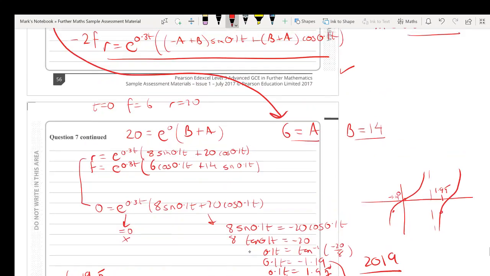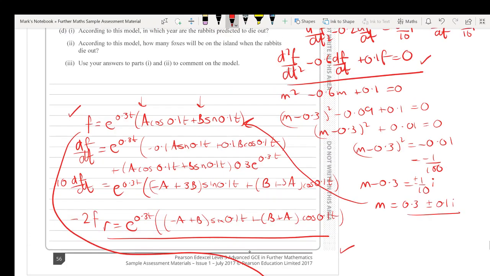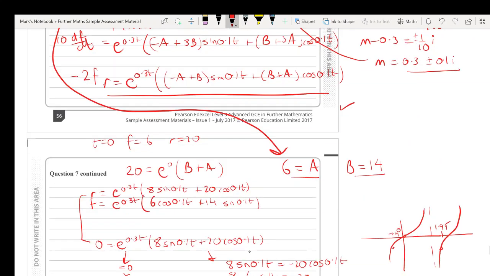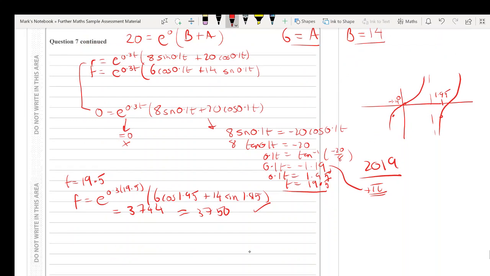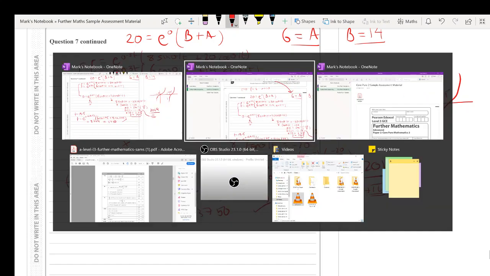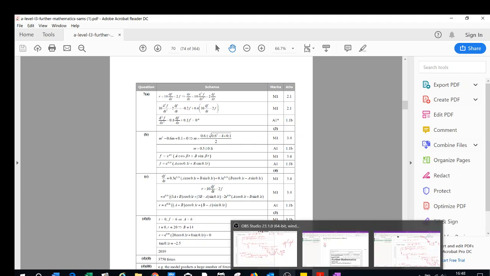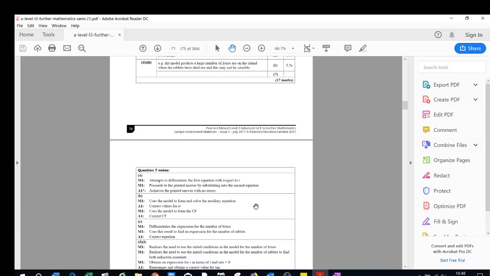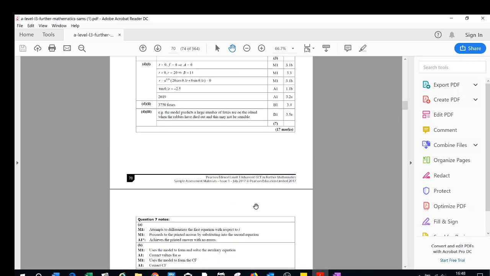And finally, it was comment on the model, I think. Answers part 1 and part 2, comment on the model. So it's suggesting that there'll be 3,750 foxes when there are no more rabbits. Which is a large amount of foxes to sustain almost no rabbits at all. Let's just see what they've written in their conclusion. So, model predicts a large number of foxes on the island when the rabbits have died out, so it may not be sensible. Yeah, it's a ridiculous amount of foxes.